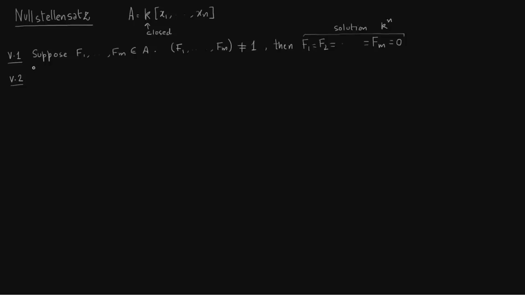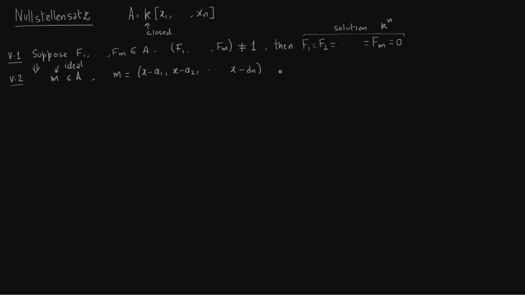Now an immediate consequence of this, or a version of this, is that suppose you have a maximal ideal M of ring A. Then obviously it does not generate 1. Then this maximal ideal is of this form: x1 minus a1, x2 minus a2, to xn minus an.